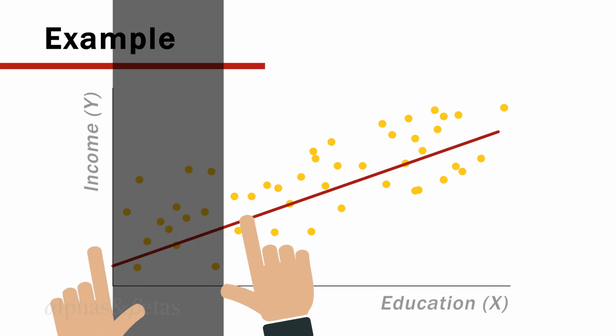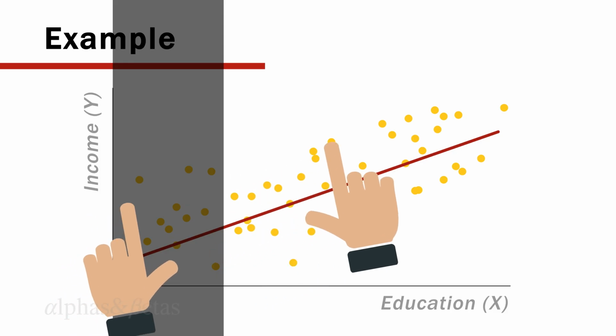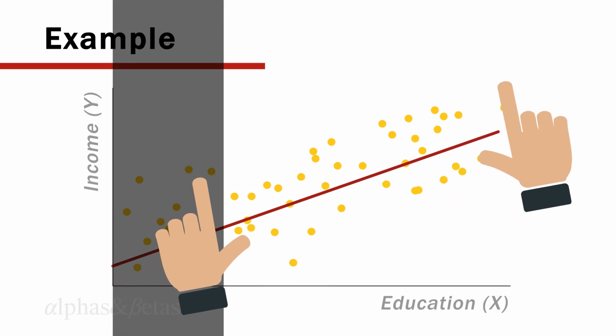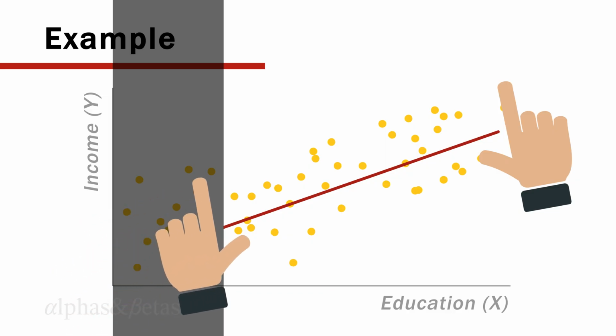We assume that the relationship in the subsample where x is less than 5 is the same as in the subsample where x is greater than 5 and as in the entire sample. The fitted line is the same, so it's the same unbiased and consistent estimator. It's just applied to a smaller sample.